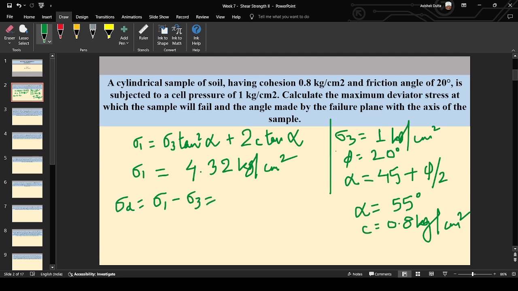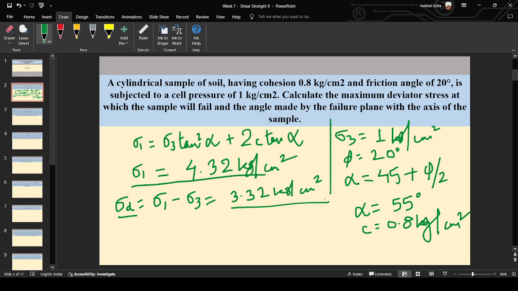So sigma 3 is 1, sigma 1 is 4.32, subtract that, we get 3.32 kg per centimeter square. Okay, the first part, the maximum deviator stress, has been completed.